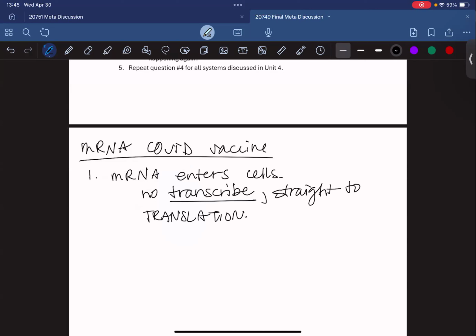So go ahead and translate that mRNA, and translation will mean we're taking the mRNA and using ribosomes made up of rRNA and tRNA to read the codons. And that's going to make us COVID spike protein.